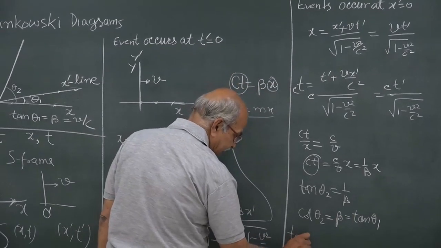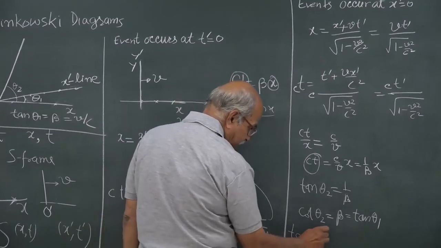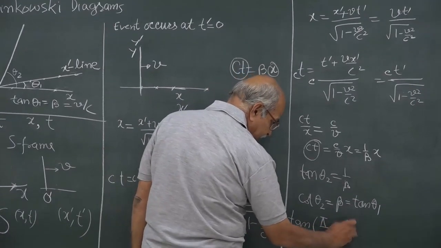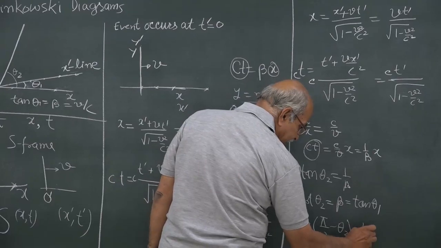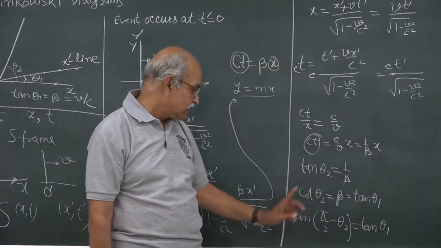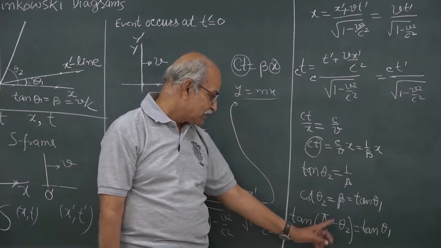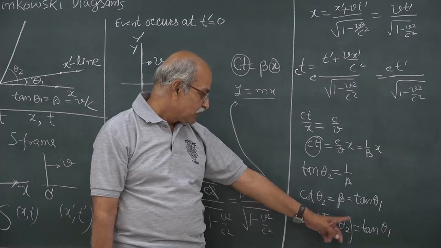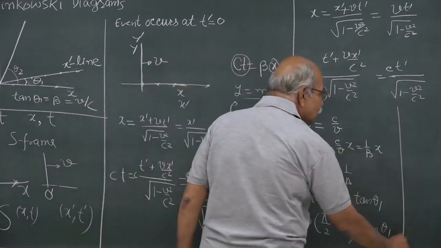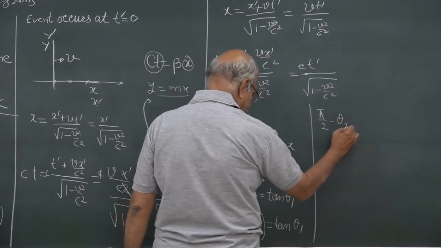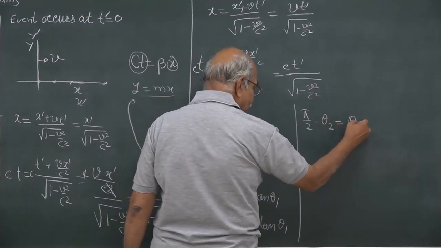So, that means tan of pi by 2 minus theta 2 is equal to tan of theta 1, right. Cot of theta 2 is tan of pi by 2 minus theta 2. So, pi by 2 minus theta 2 is equal to theta 1.